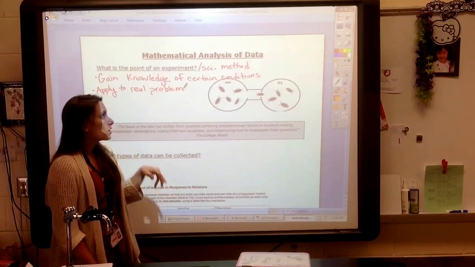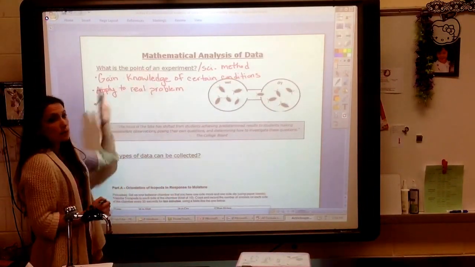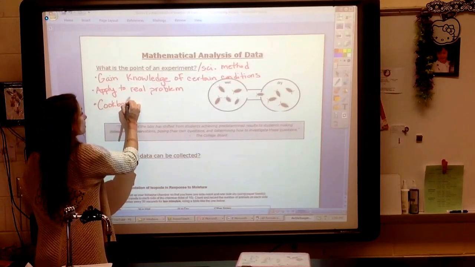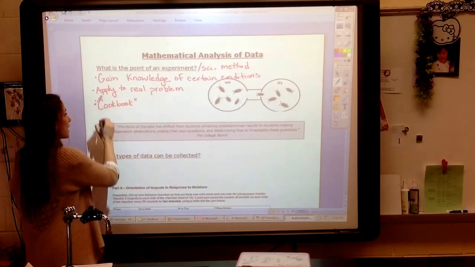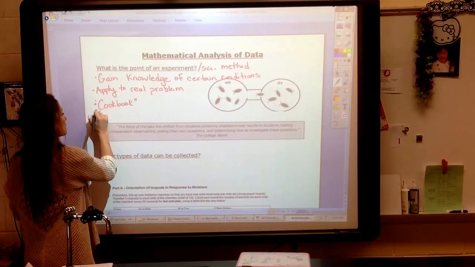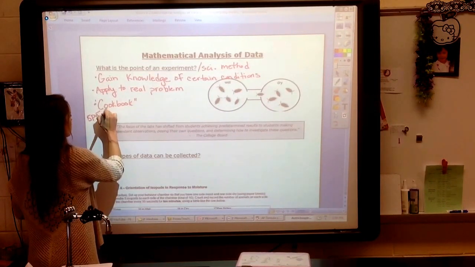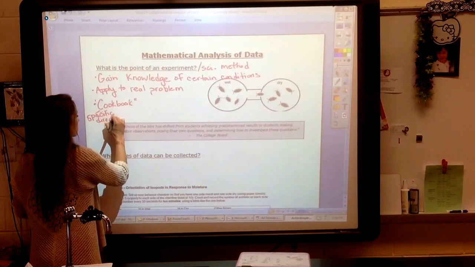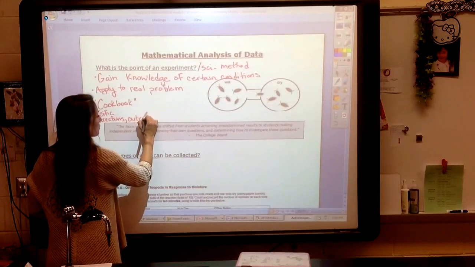You have to be able to apply this knowledge to some real problem that you're trying to solve. We do want to take a second and talk just a little bit about the different types of experiments. The ones that you have most likely done up until now are what we call cookbook labs. And this means that they give you specific directions, and the outcome is known.